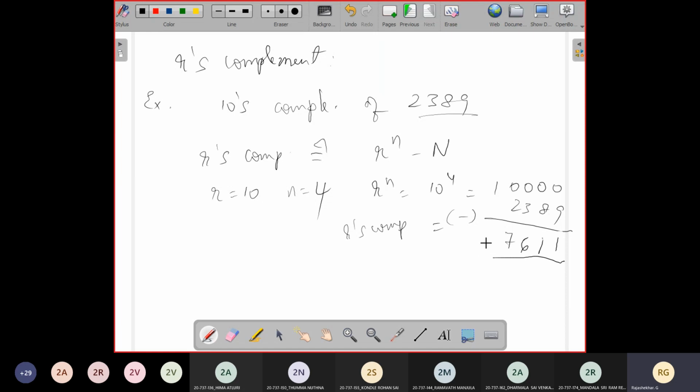This is how you do the R's complement of a given number. We are talking with respect to the base 10 system.